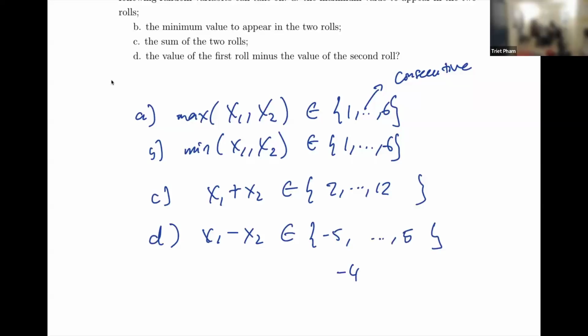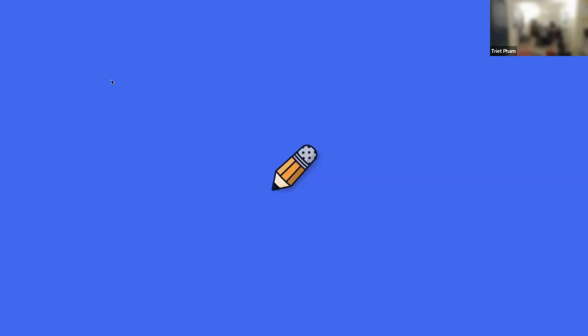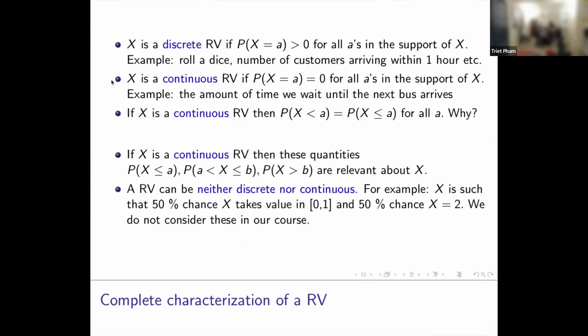For example, how can you achieve -4, 2, and 6? So it's consecutive. Is that okay? All right. Any question? Okay.